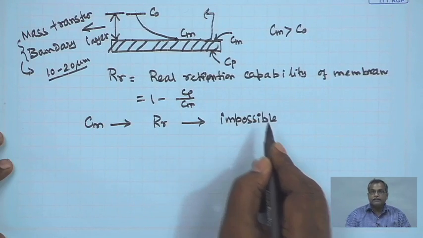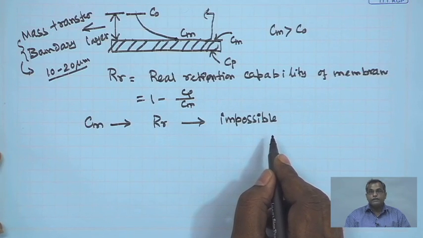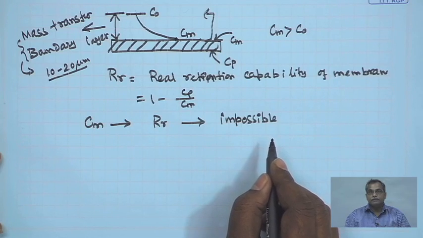In fact, there is research going on on how to do an in situ measurement of membrane surface solute concentration, but all these measurement techniques, the latest developments, are in laboratory small scale with special attachments like viewports, or special arrangements for collecting samples very close to the membrane surface, but this does not give an accurate result. So, direct measurement of real retention is not possible.